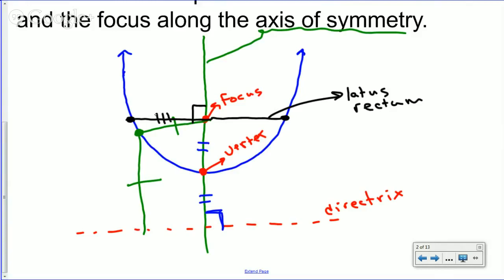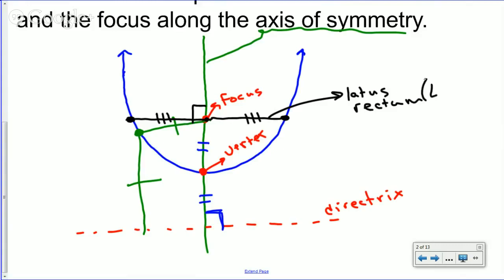Again, this length has to be the same as this length. That's a very important measurement to have, especially because it helps you realize where that focus is. So that's called the latus rectum.